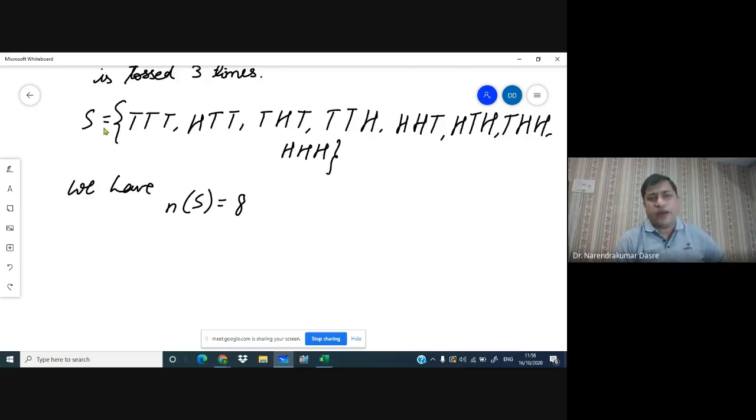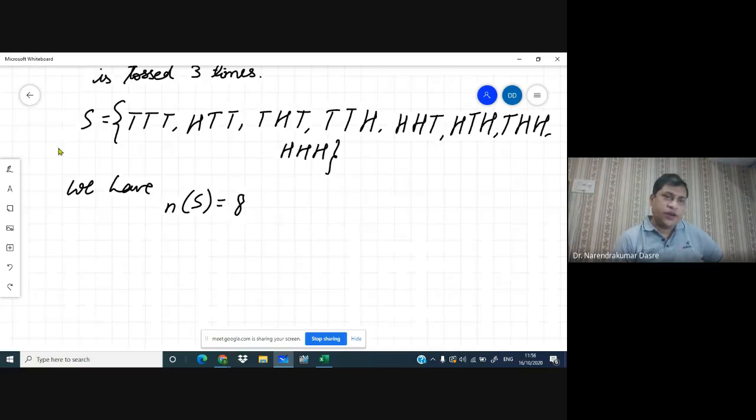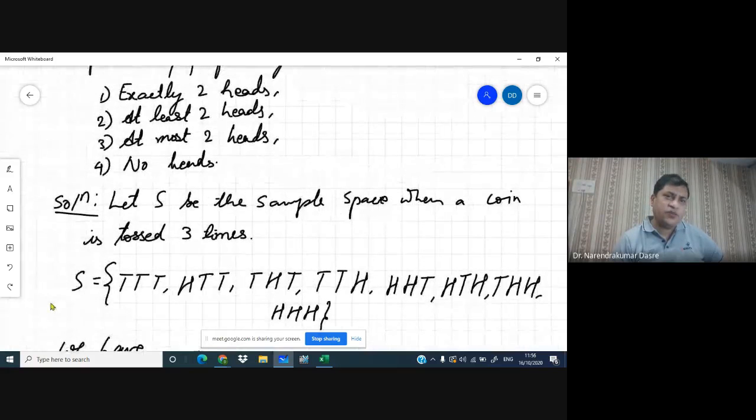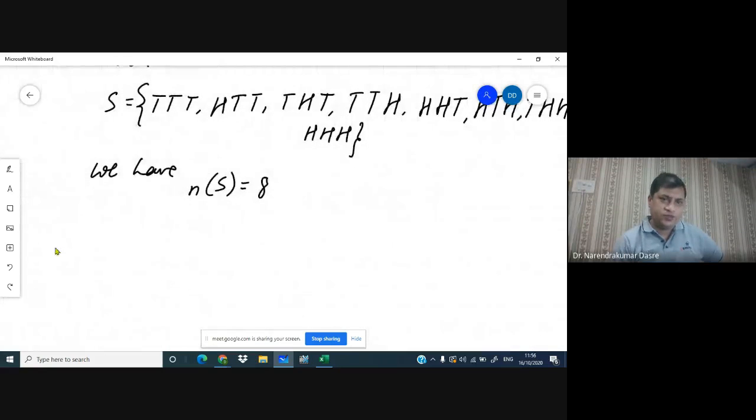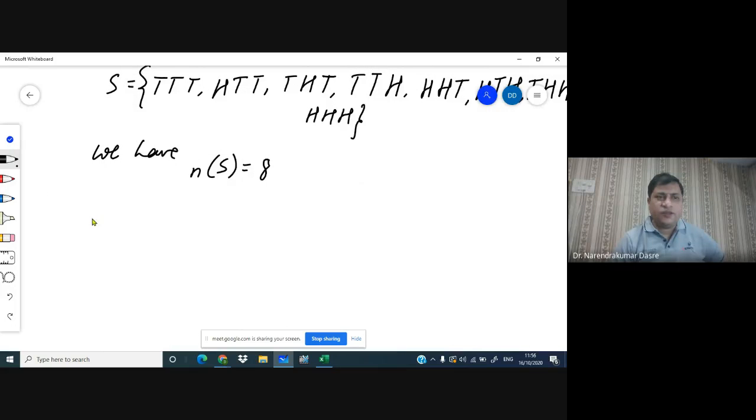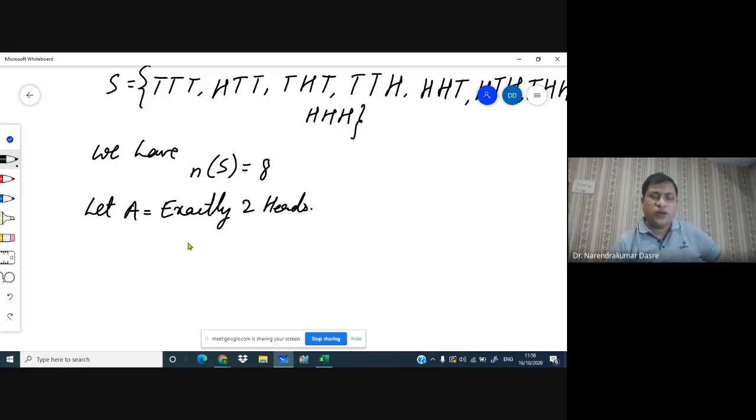So what is the first event we have? Exactly two heads. Let A be the event of getting exactly two heads.